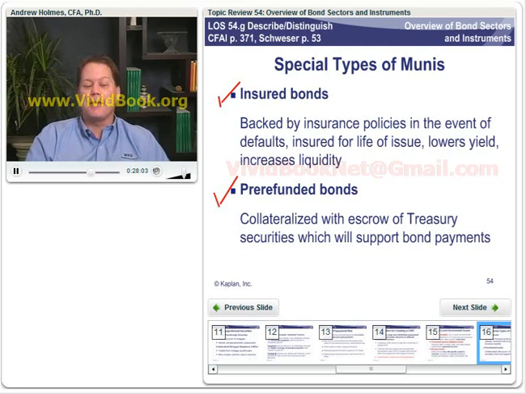Well, what if you had some other bonds that were going to mature 3 years from now? Well, if you have those bonds on your balance sheet, then that's going to increase the amount of debt that the municipality has, and it's likely to decrease your bond rating, which will mean that you're going to have to pay a higher interest rate.